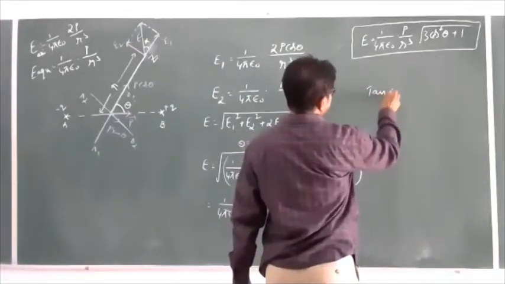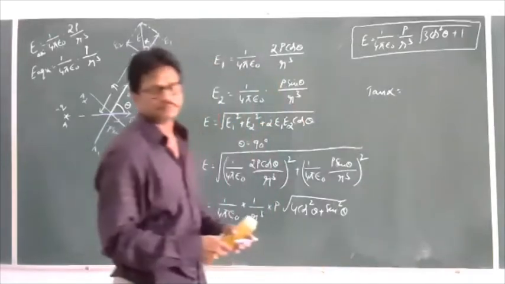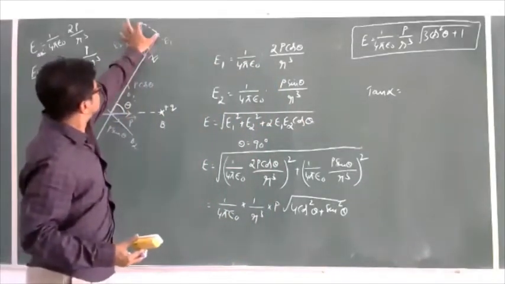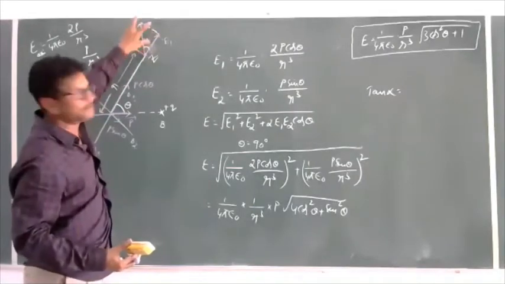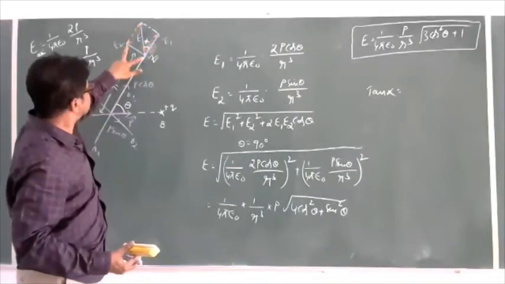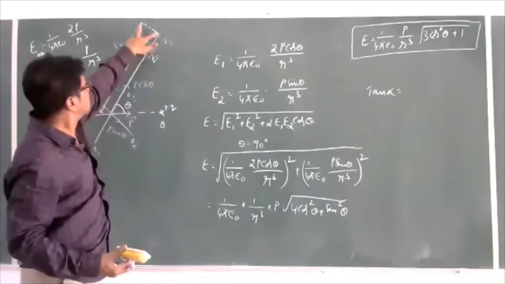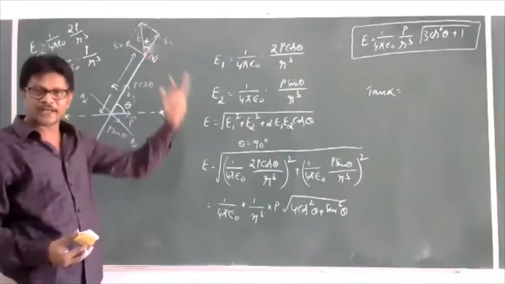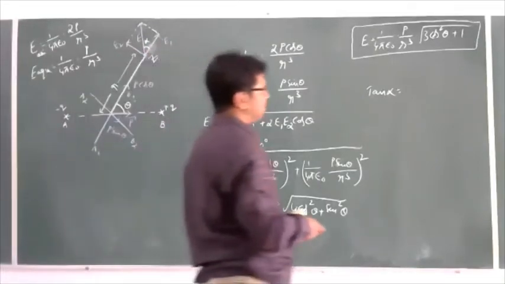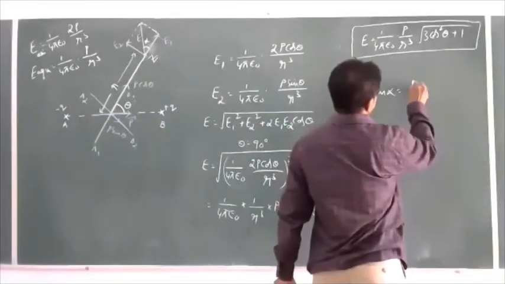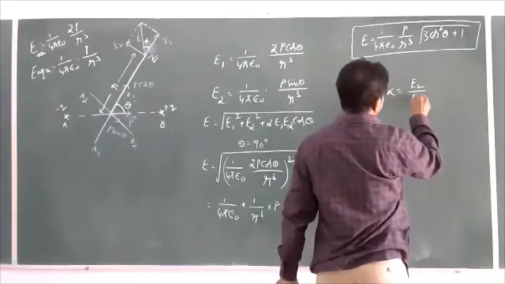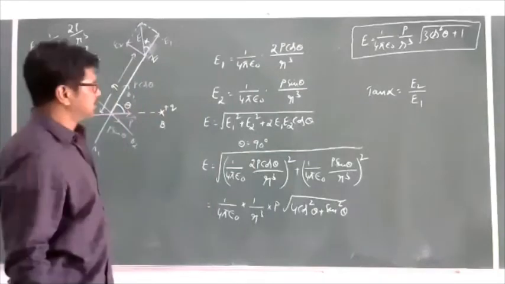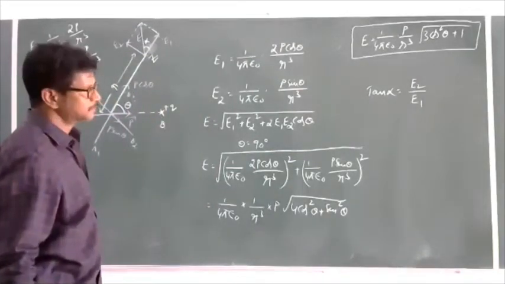Tan alpha is equal to opposite side by adjacent side. Opposite side is E2, adjacent side is E1. So tan alpha is equal to E2 by E1.